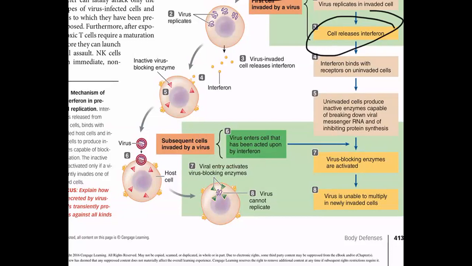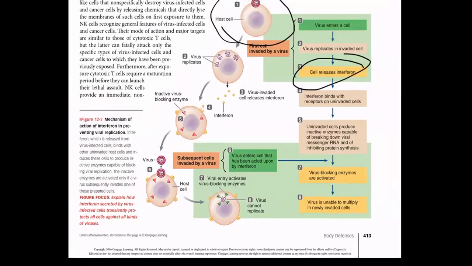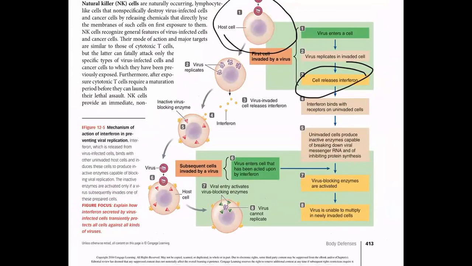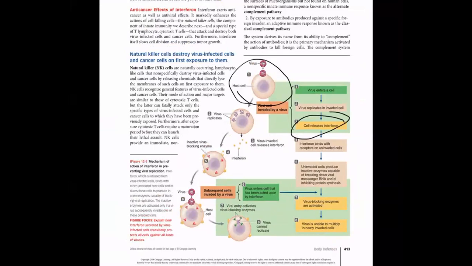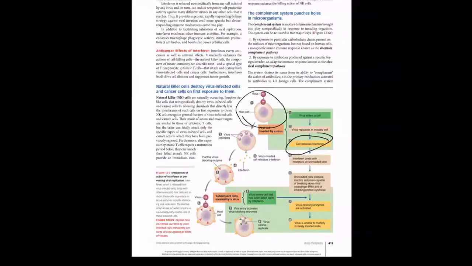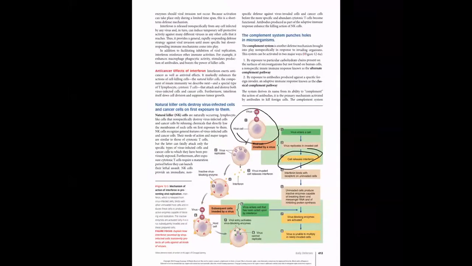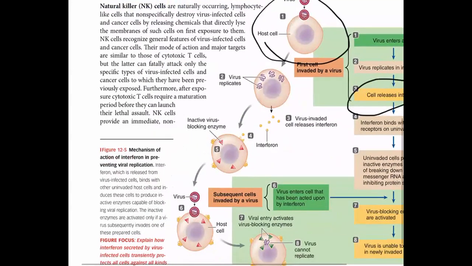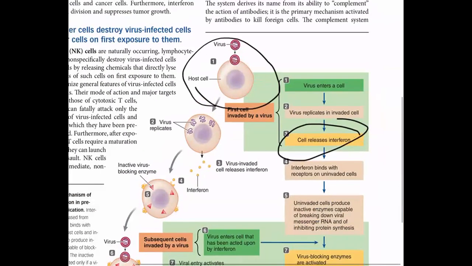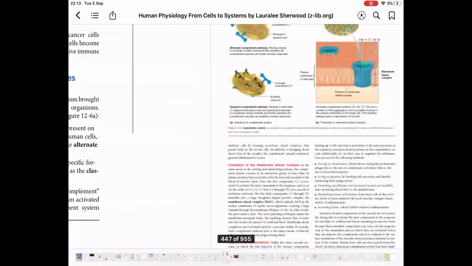That was how one cell informs another cell to avoid a viral infection, using interferon. But also the natural killer cells utilize this interferon when they are attacking virus-infected cells. I just wanted to display that because I've seen it being asked. Okay, thank you.